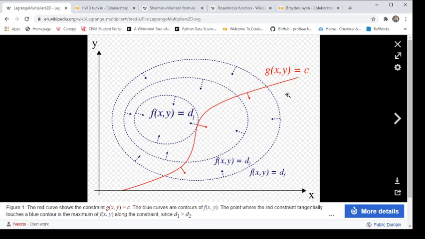Well, if we look at the gradients, which are these perpendicular lines to the function, those are the gradients of the function. And then we also look at the gradients, these perpendicular lines to the constraint. We see that the gradients match up right here at the minimum of our function with respect to the constraint.